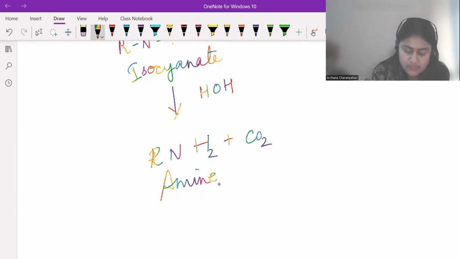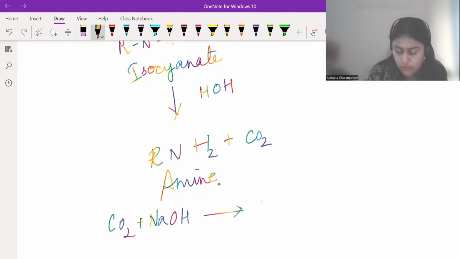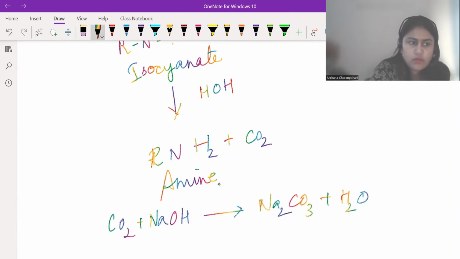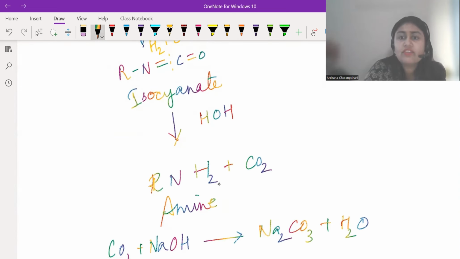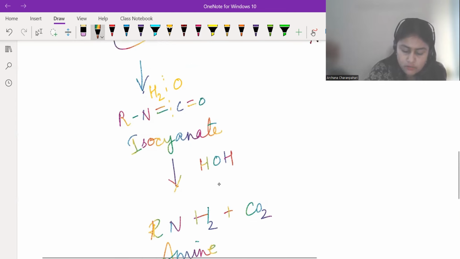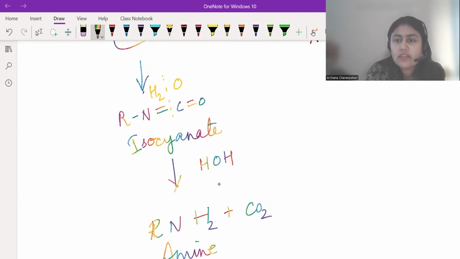The CO2 will easily react with the NaOH present in the system to give you Na2CO3 plus water. But an important aspect here is when isocyanate is treated with water. Whatever is written in yellow is your memory technique in order to finalize or get the final product.